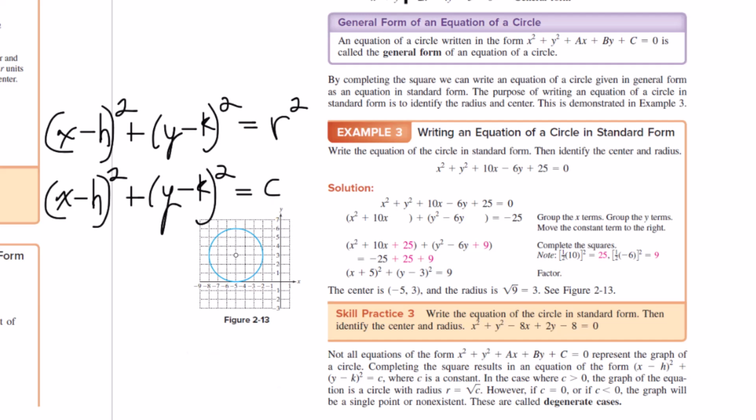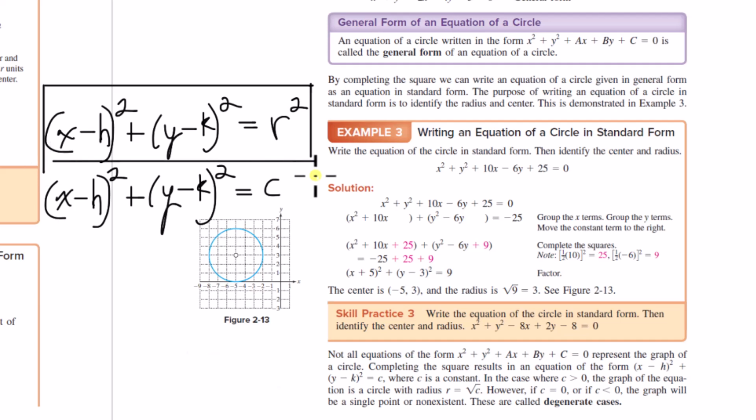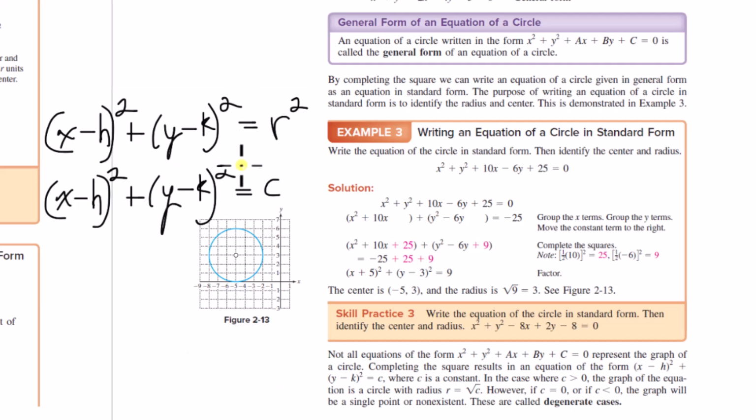And so that's another reason why r can't be 0, because this is the standard form for the equation of a circle. If r is equal to 0, that's not a circle. I guess if you want to be really technical, it's a circle of radius 0, but technically, no, that's not a circle. Okay, now, if c is greater than 0, then the radius is equal to the principal square root of c, the positive square root of c.